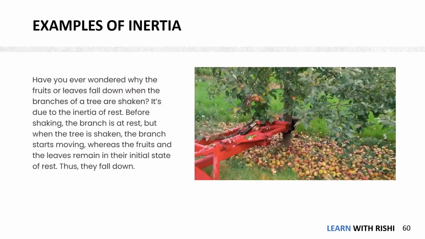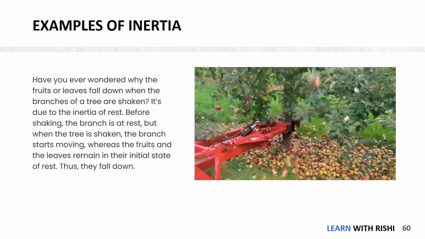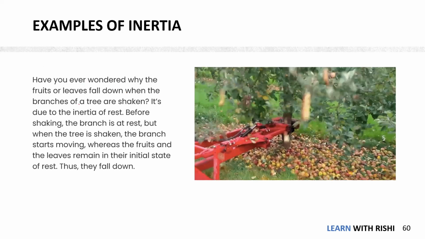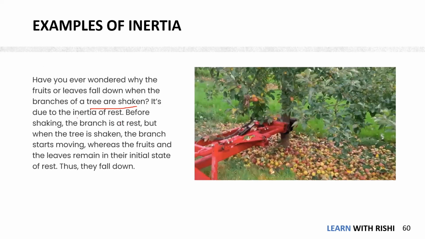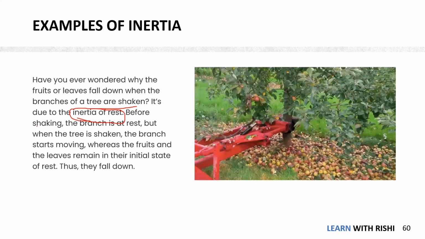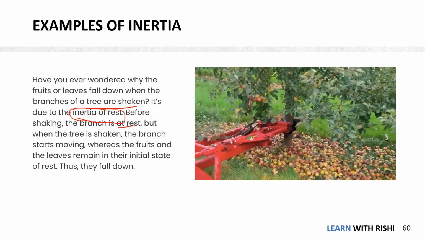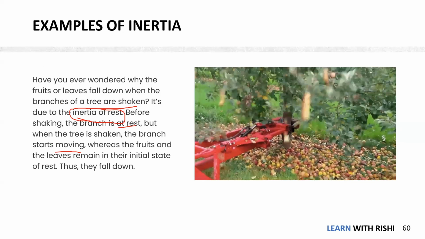Now here you can see that when we shake the tree, the fruits are falling from the tree. Have you ever wondered why the fruits or leaves fall down when the branches of the tree are shaken? It's due to inertia of rest. Before shaking, the branch is at rest, but when the tree is shaken, the branch starts moving. Tree shaken means we are applying an unbalanced force.